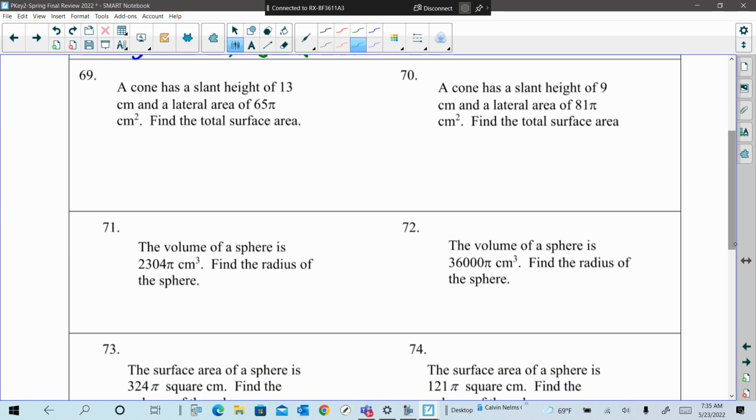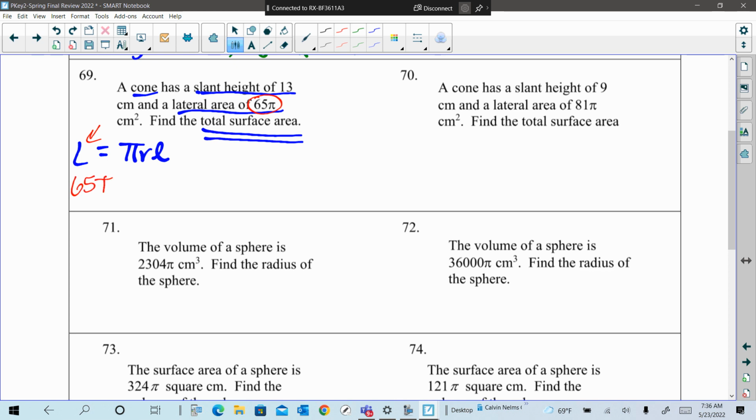Here you're going to have to work backwards using the formula. So we're dealing with a cone that has a slant height of 13 and a lateral area of 65 pi. Then they want you to find the total surface area. Well, the lateral area of a cone is pi RL. Because I already know the lateral area is 65 pi, I can plug that in for the formula.